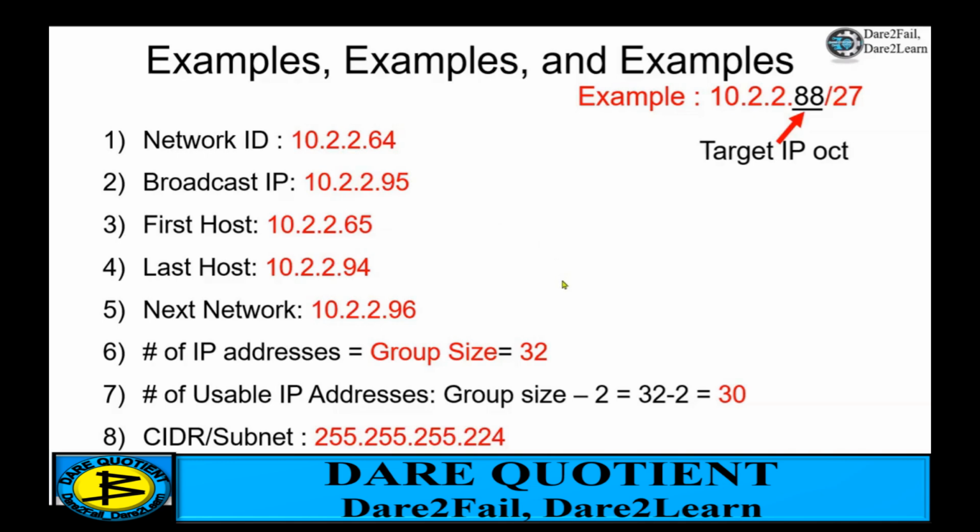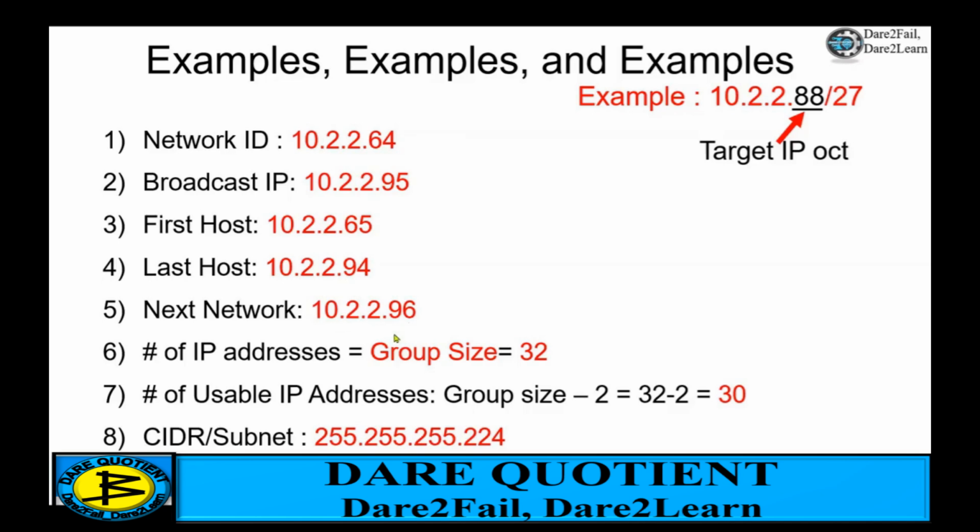And with that, we can have our next network as 10.2.2.96. So we know that is the next subnet. That is where the next subnet starts. So we have our next network as 10.2.2.96.